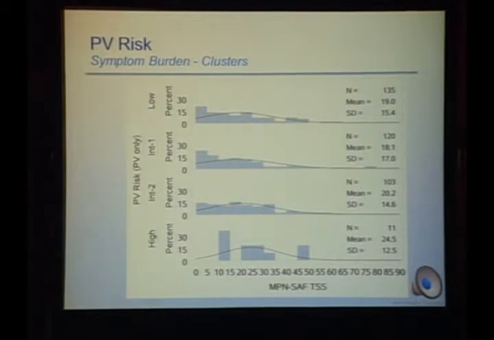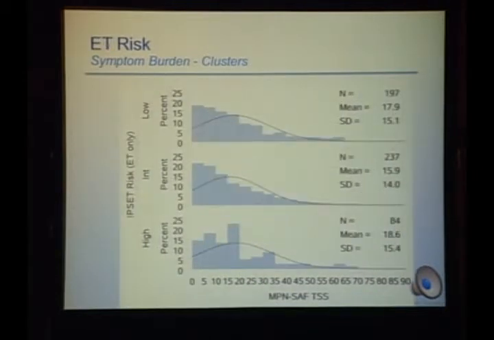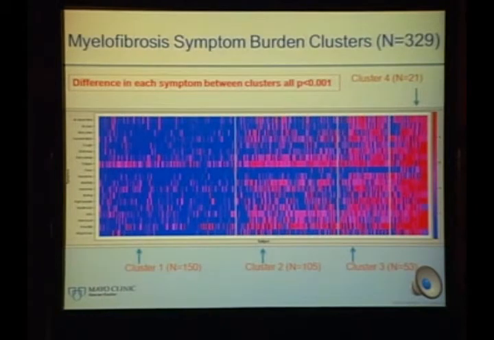Indeed, symptoms could be bad across all of the symptom groups or risk groups. Similarly in ET. Now in myelofibrosis, you see there were four groups. All four groups really have a lot more red than the ET and PV groups. But you see that there is a difference between that first group on the left and the brightest red group on the right.